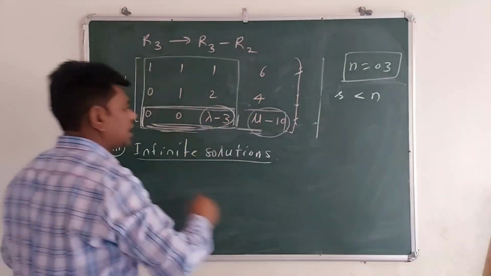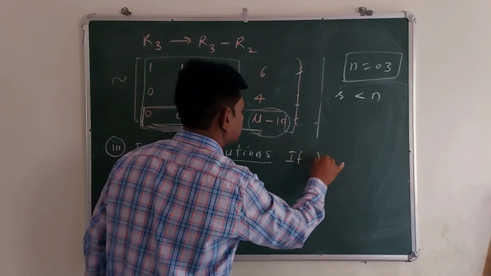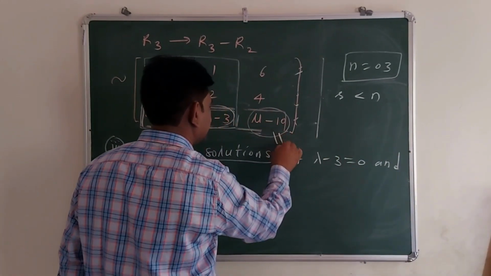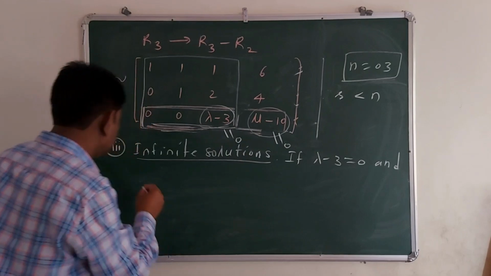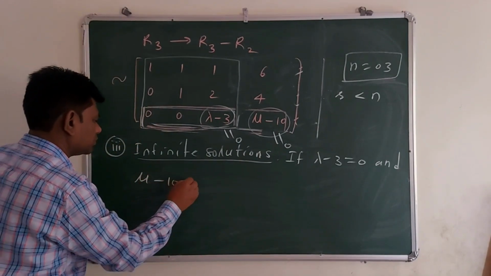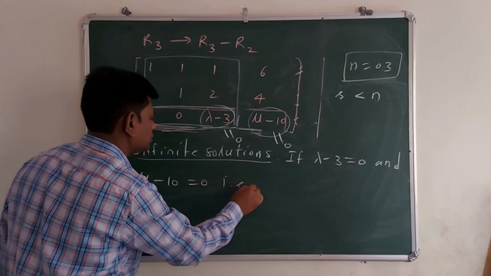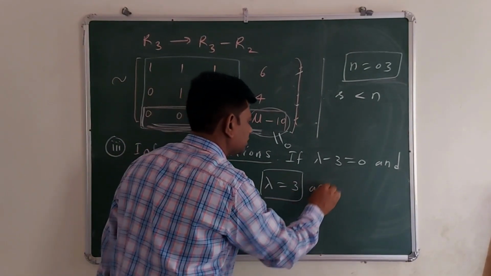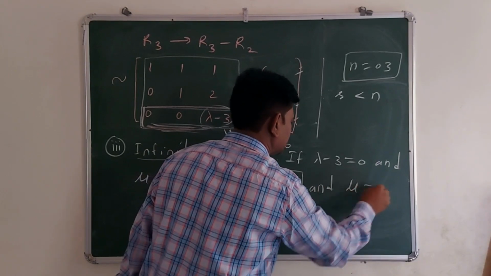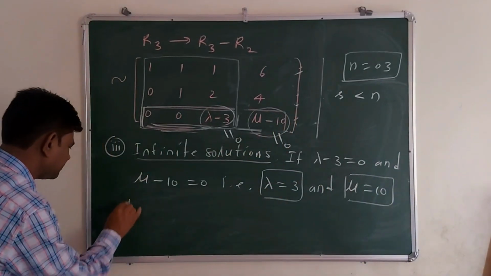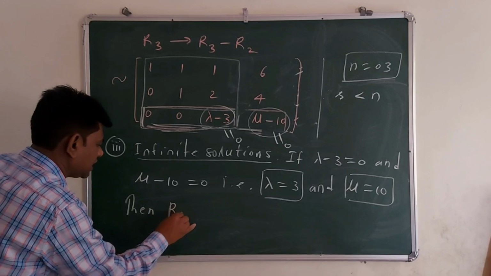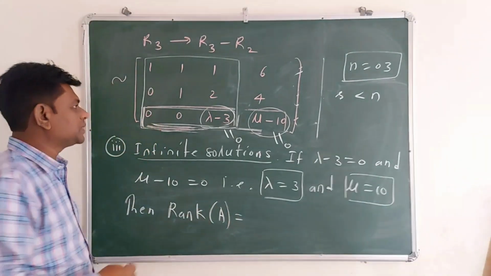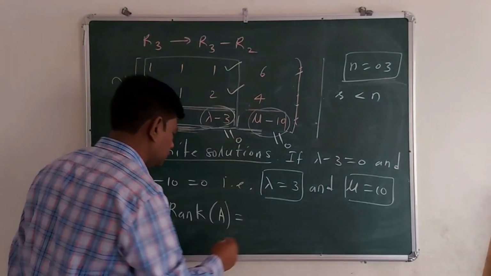Now if lambda minus 3 is equal to 0 and mu minus 10 is equal to 0, that is lambda is equal to 3 and mu is equal to 10, then rank A means the number of non-zero rows in the echelon form of A, the answer is 1 and 2.